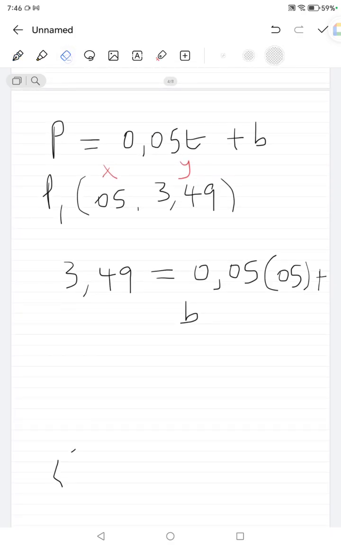Then you have 3.49 equals 0.05 multiplied by 5.